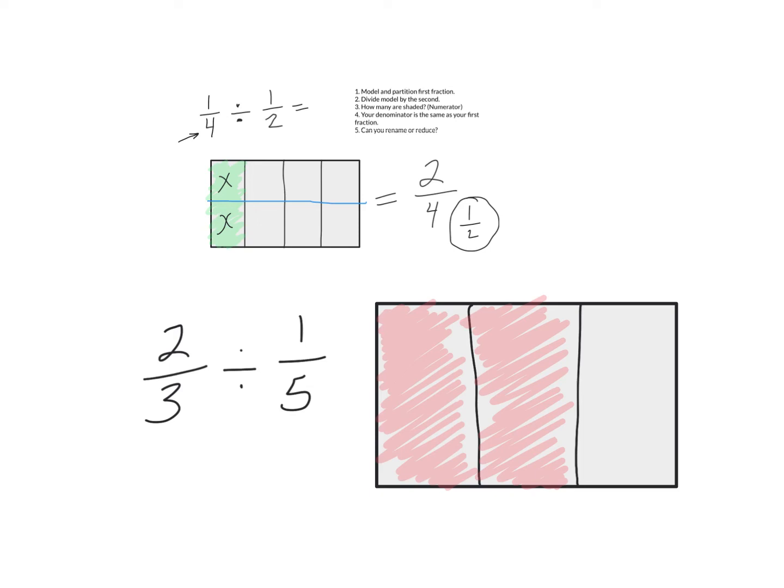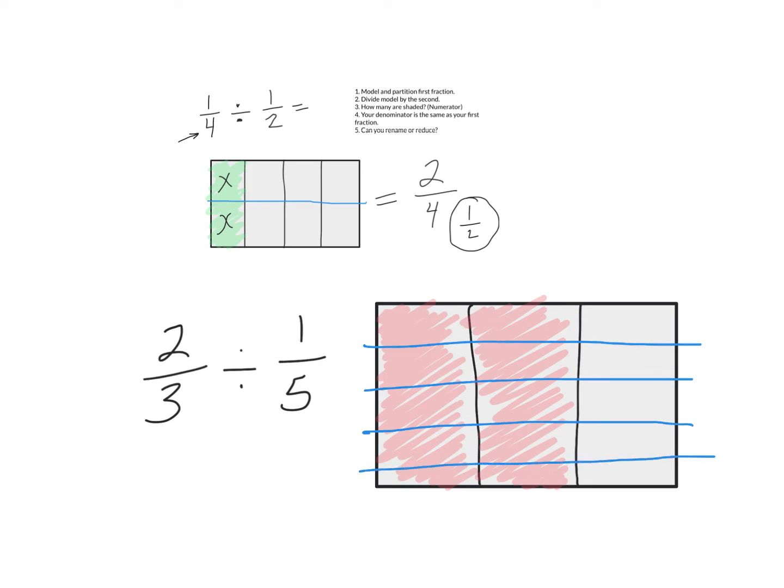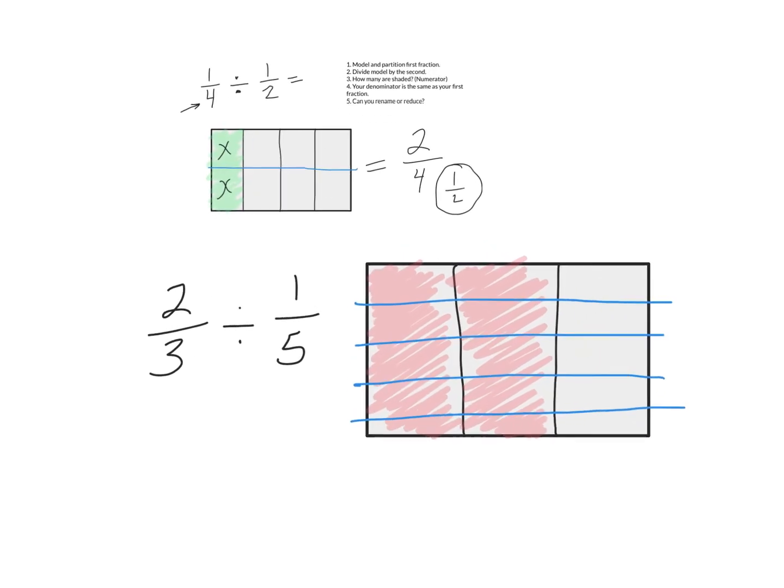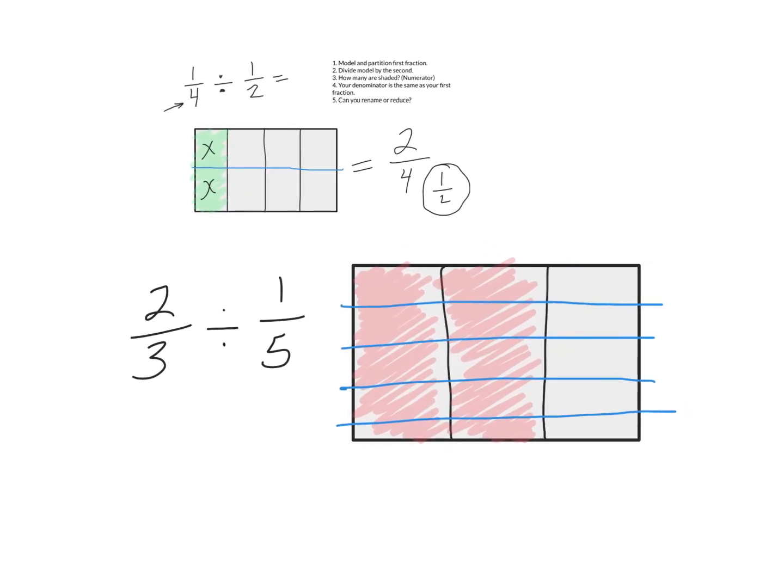And in this case, I have fifths. So I'm going to have to really draw 4 careful partition lines as evenly as I can. So 1, 2, 3. Oh, the last one's not very good. 4. And then my step 3 says, after my new partition lines are made, how many of the sections are shaded?